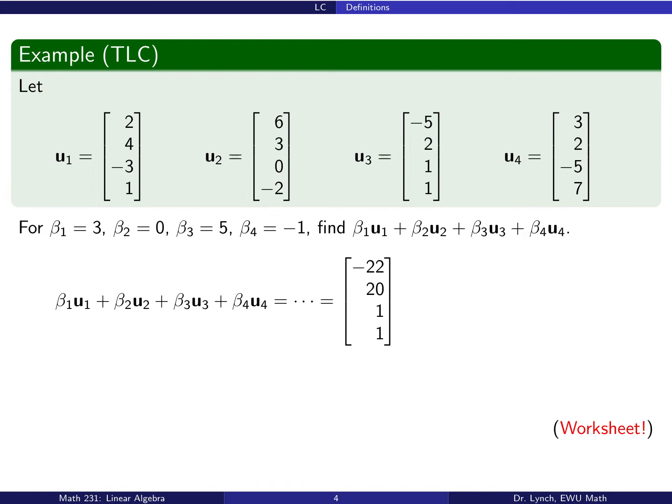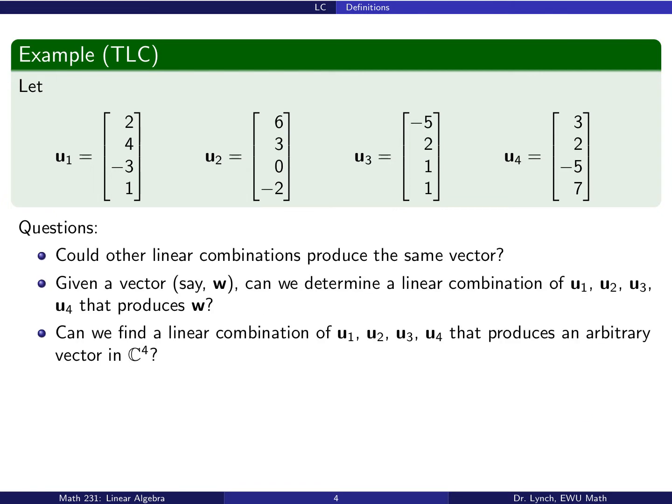Okay, some questions around linear combinations. Here's a question. Could other linear combinations produce the same vector that we just got out of, say, beta 1 u1 plus beta 2 u2 plus beta 3 u3 plus beta 4 u4?